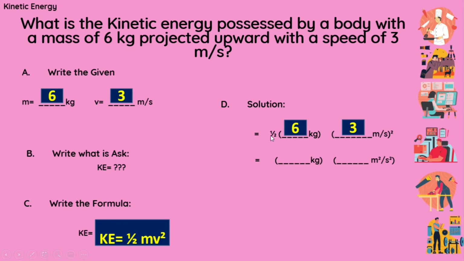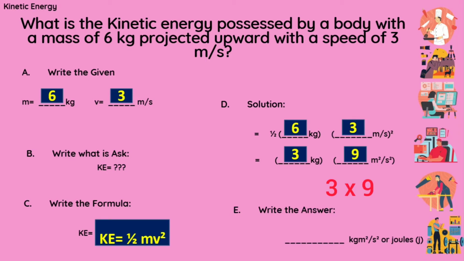Then, 1/2 of 6 or 1 times 6 divided by 2, then you have 3. 3 squared or 3 times 3, multiply mo si 3 sa sarili niya, then you have 9. Dali lang, di ba? And then, you have 3 times 9. What is your answer? If your answer is 27, then you got it correctly. Very good. Kaya na ba? Kaya nyo na mag-solve sa sarili nyo? Kayo nang mag-isa?